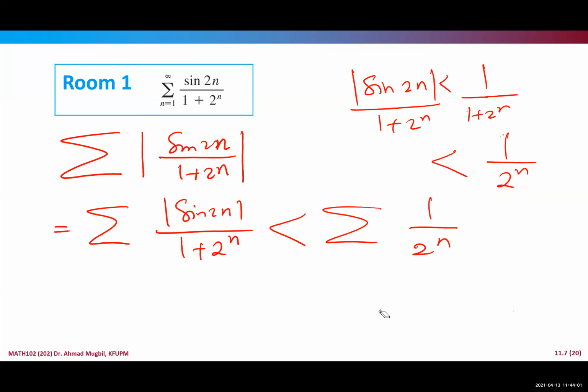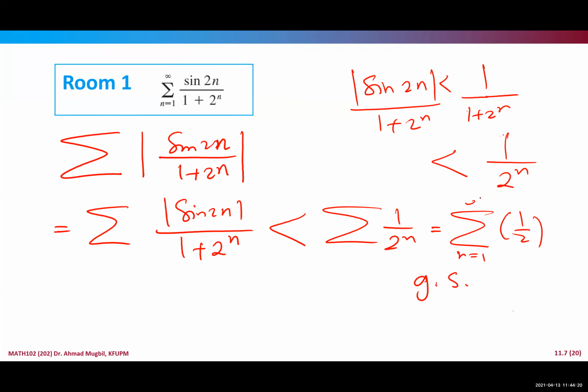It's a geometric series. Is it convergent or divergent? This one is divergent. Why is it divergent? Because we start from 1 to infinity to the power n.